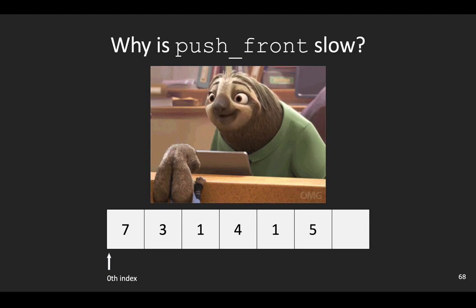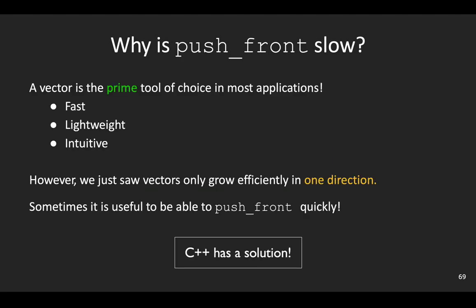As it turns out, C++ has anticipated this and has actually built another data structure that a lot of people haven't heard of. Well, before we do that, we want to emphasize when you use each thing. A vector is almost always a correct thing to use because it's so basic that it's very fast, lightweight, and easy to use.